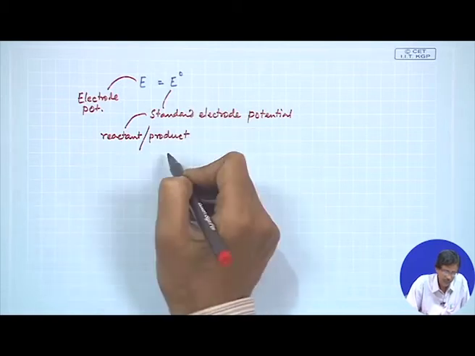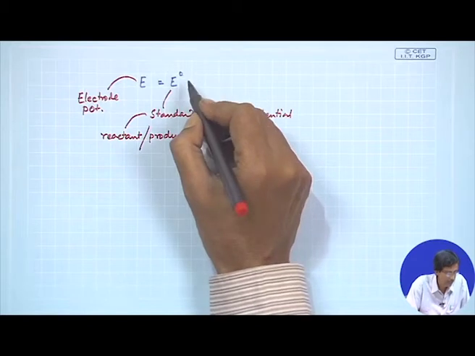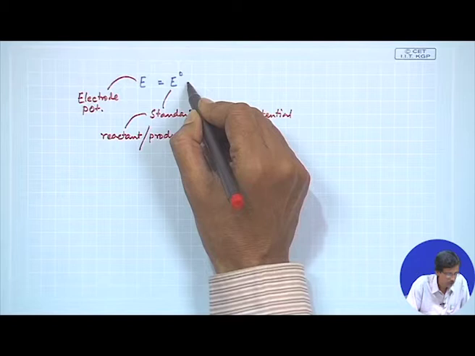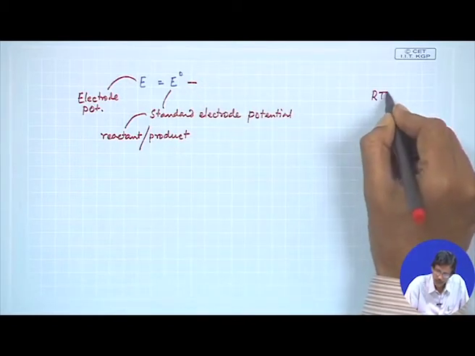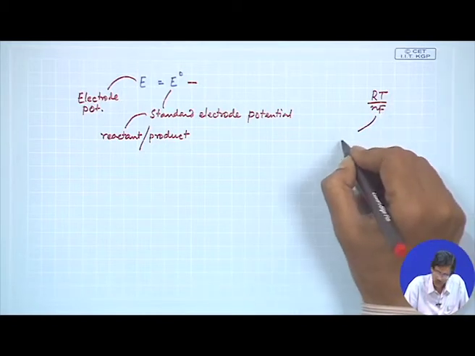So, if it is independent of the number of moles of reactant and product, we can write in a general way, and what we get is that E is equal to E0 minus RT by nF, putting in all the values.